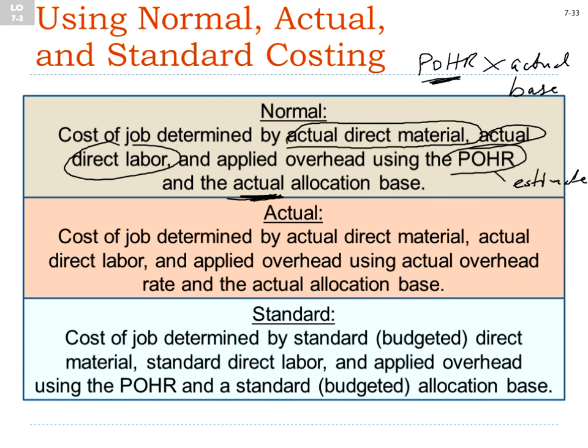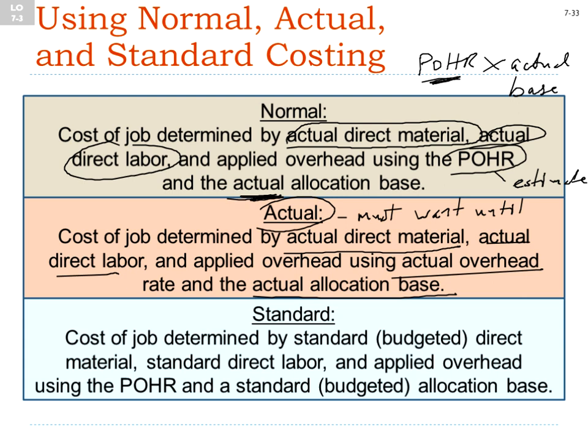An alternate method is to use actual costing. And when you do actual costing, everything is the correct amount. You're using actual direct material, actual direct labor, and then the overhead is using actual overhead and the actual allocation base. So everything is a concrete number. Now the problem with this is that you're going to have to wait until the end of the period.